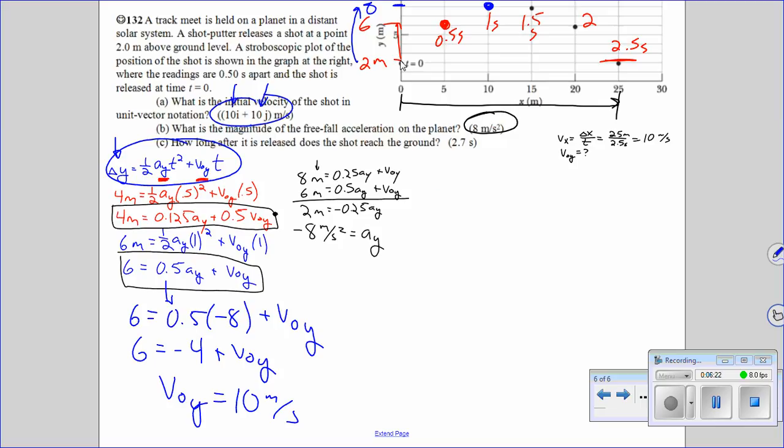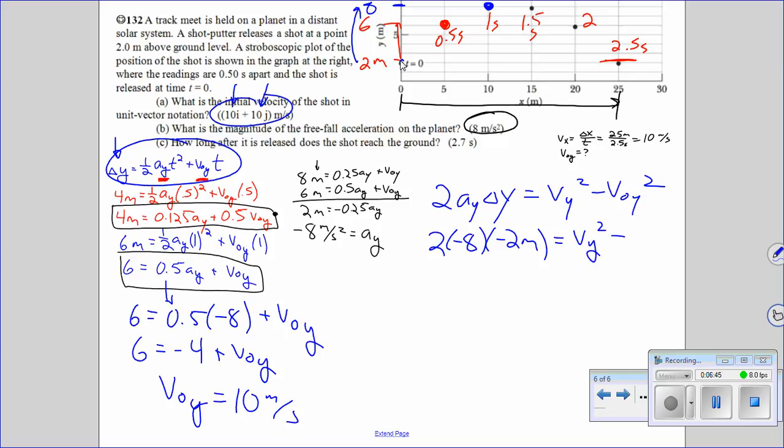I happen to know that 2 times the vertical acceleration times the vertical displacement is equal to Vy squared minus V0y squared. So 2 times -8 times -2 meters, right? Because between here and the ground, it's got to go down 2 meters. So that's got to equal Vy squared minus V0y squared.